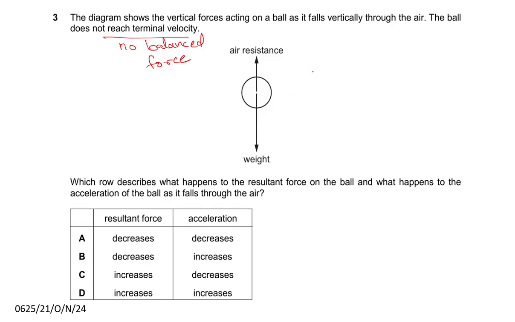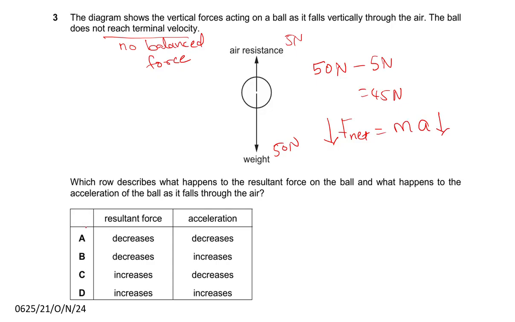Before, if there was only weight, for example 50 Newton, then due to air resistance, even if it is 5 Newton, 50 minus 5 decreases to 45 Newton. That means the overall resultant force, the net force, is going to decrease. When the net force is decreasing, we know the formula F equal to ma, so acceleration also decreases. This I have already explained.